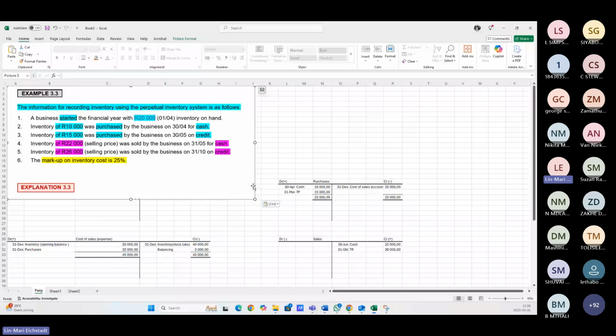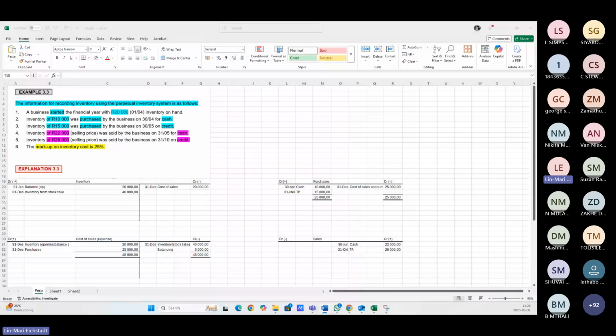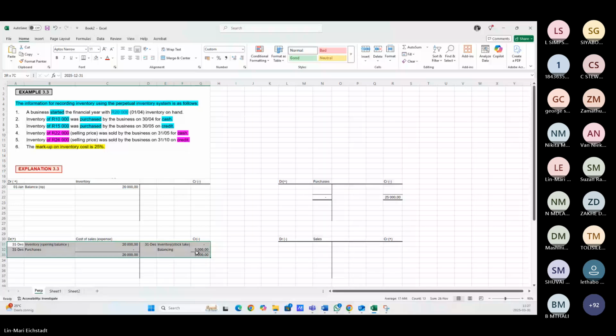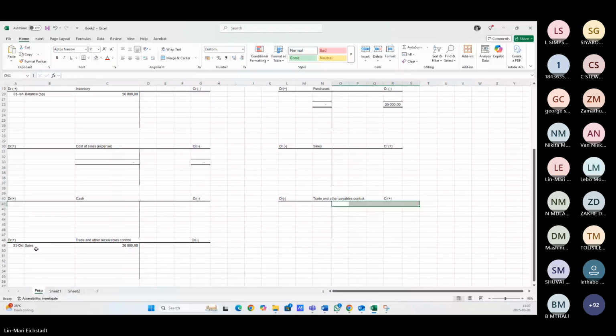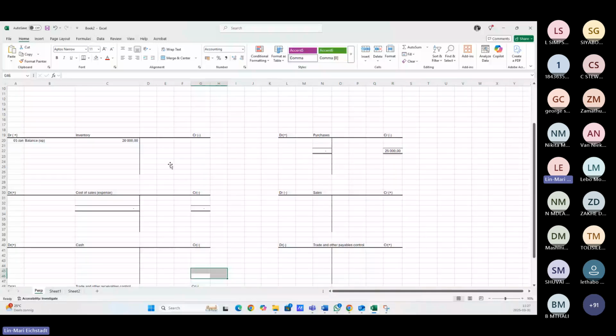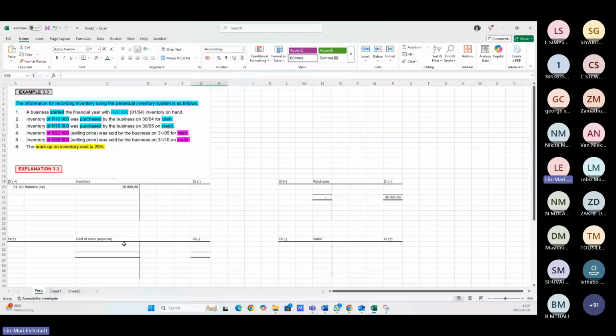So it's saying that at the beginning, some of these entries are the same. Let me delete these entries. It's important that for the perpetual inventory system, we don't use a purchases account, right? So I'll be taking out this purchases account.